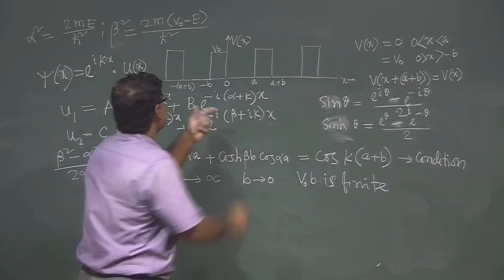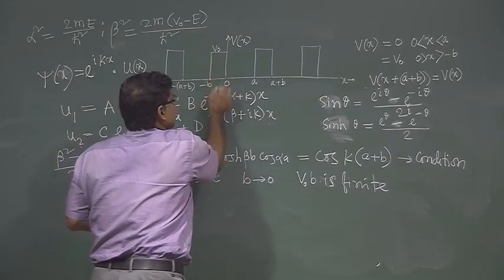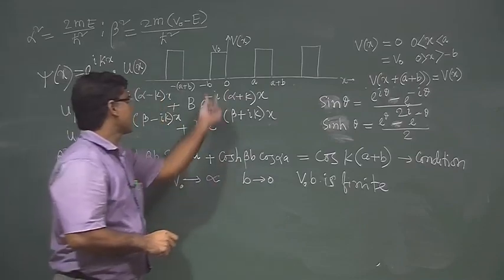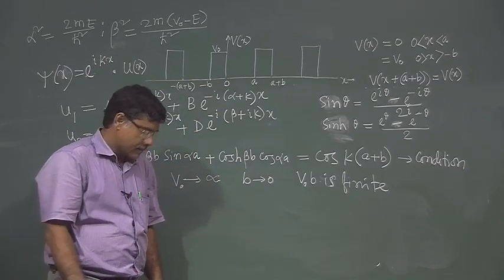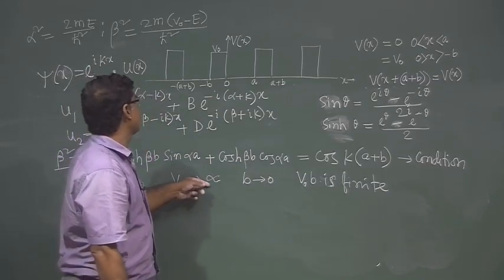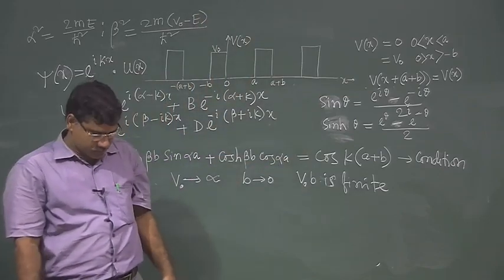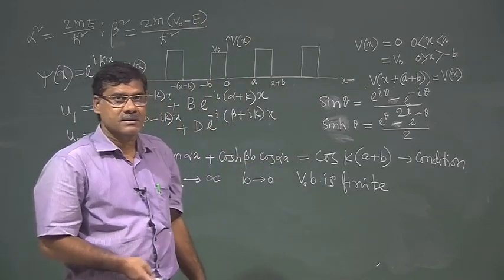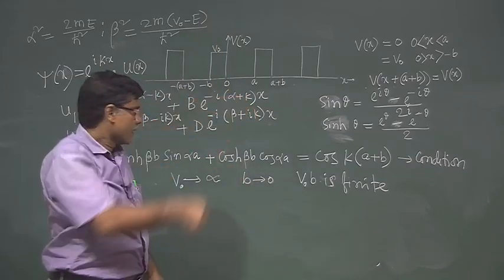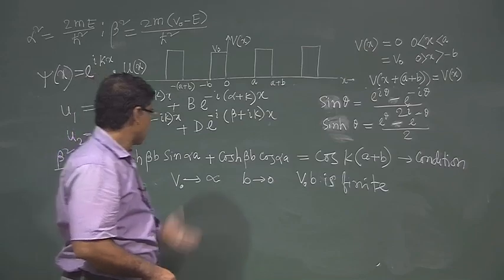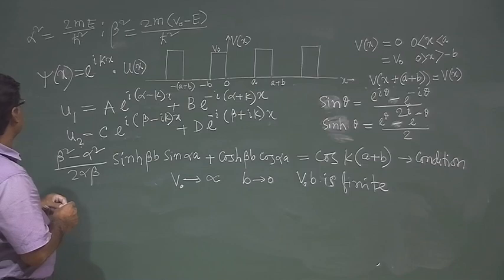So b tends to 0 means the width of this barrier is small, and V0 tends to infinity means this potential is very high, okay. So under this condition, then we can simplify.